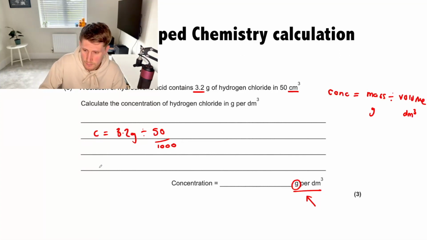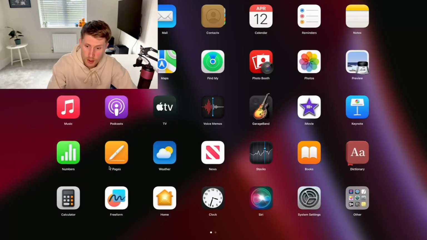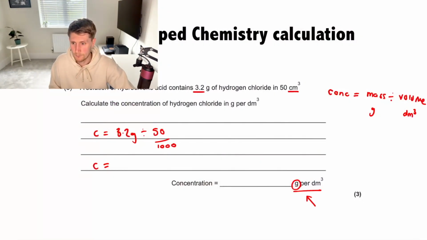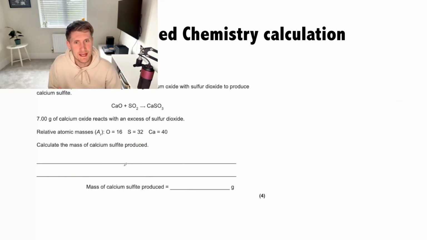Now when I do that, we'll see what we get. I haven't got a scientific calculator, so you're going to have to bear with me while I use this one. So we're going to do, first of all, 3.2 divided by 0.05, which is 64.